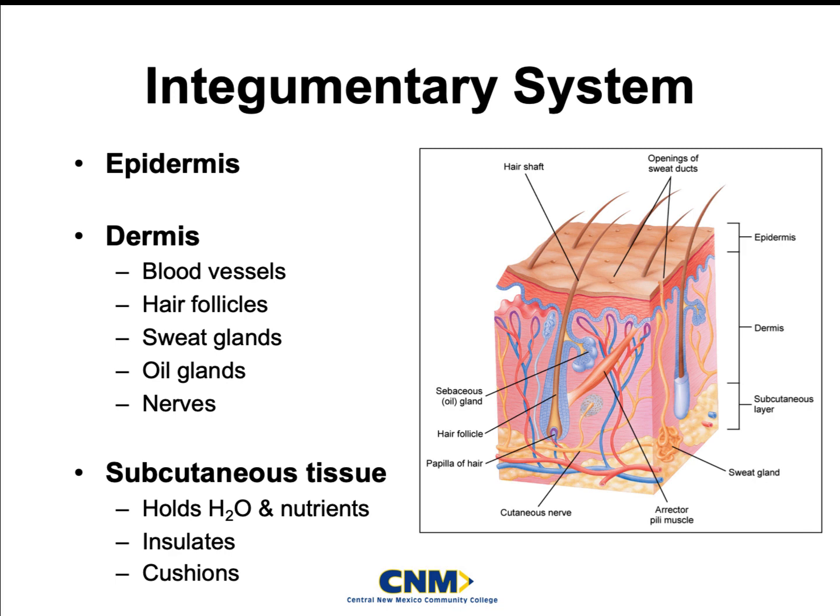We're going to really get into the layers of the skin when we talk about burns and trauma. Your subcutaneous tissue is basically your fat, the fat that's on your body. It helps to insulate, it cushions us, and it holds on to water for us and other nutrients, and we burn it when we need to.